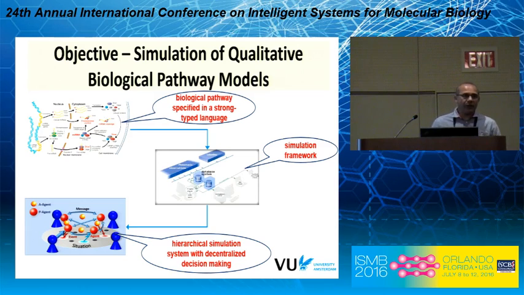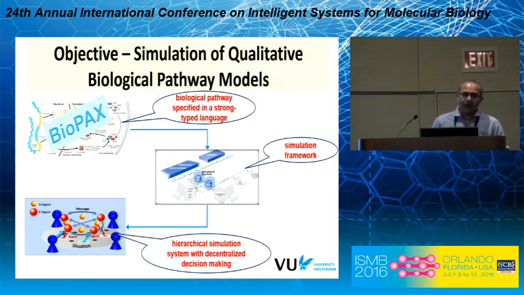Unfortunately, the current simulation frameworks don't satisfy all these requirements. Therefore, we came up with a new simulation framework which satisfies these requirements. The question here is, should we start from scratch, or should we look around us to see whether there is existing technology which can be used to satisfy these requirements?